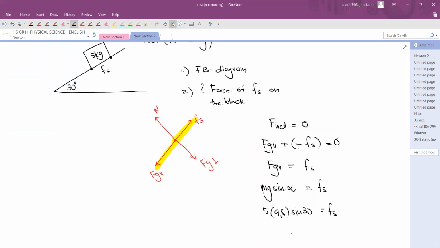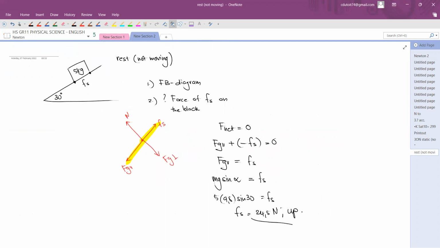And that's 24.5, up the slope. Did you get that? Yeah.